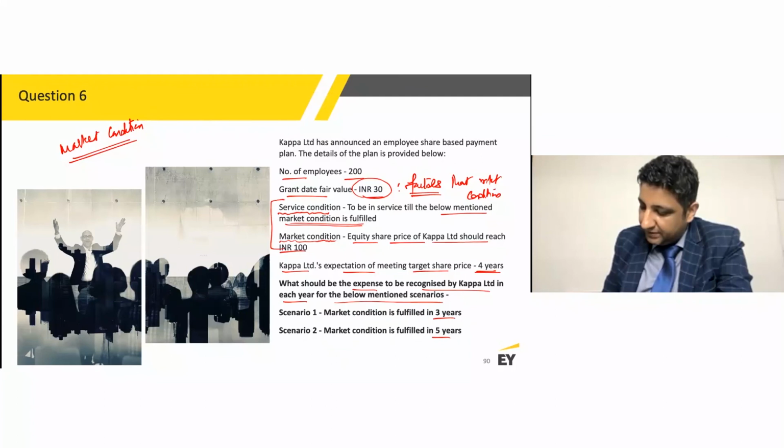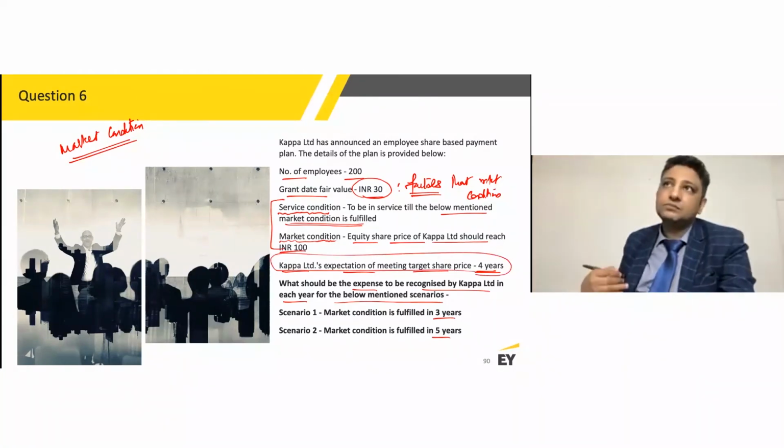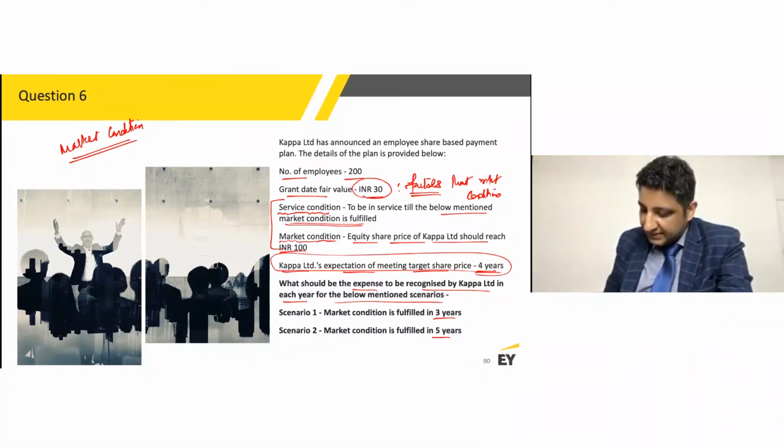That is what Kappa is thinking, that the share price of 100 rupees will be achieved in 4 years. That is where this 30 rupees is taking everything into consideration, right? Of course, in that sense, if the market condition is not fulfilled in 4 years of time, that's the second scenario.